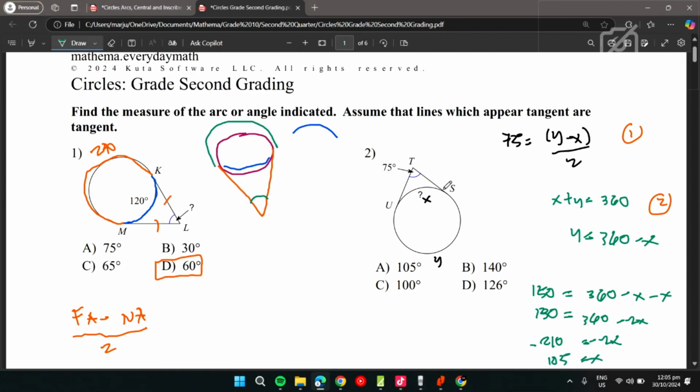And again, the measurement of this one is 105. Alright? So again, that is based on the theorem. So, we get 105 as the value of x.